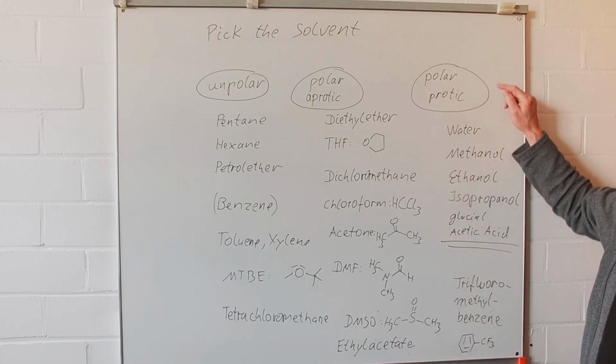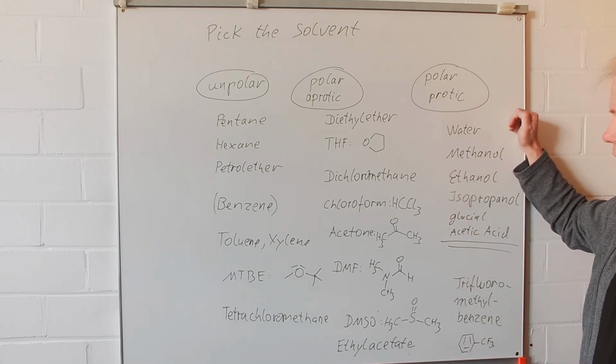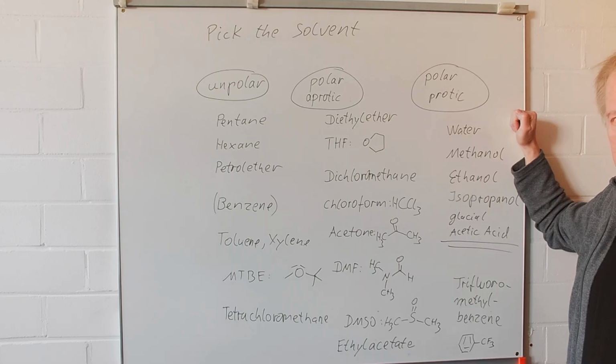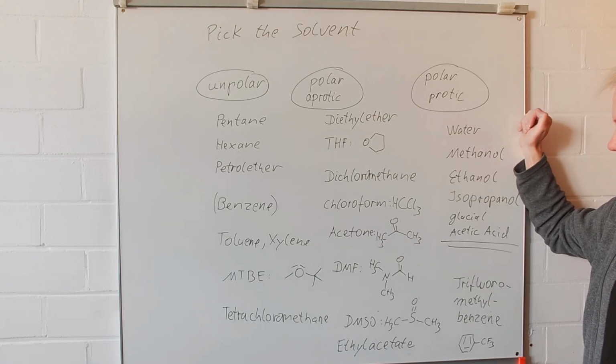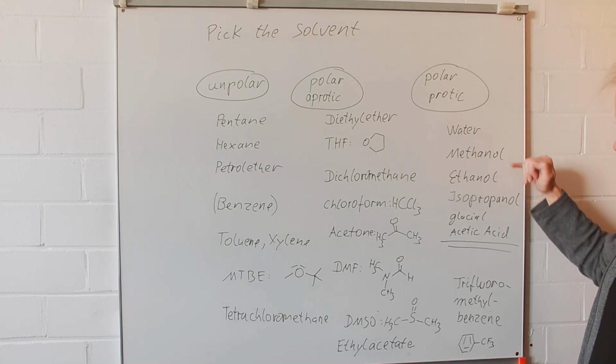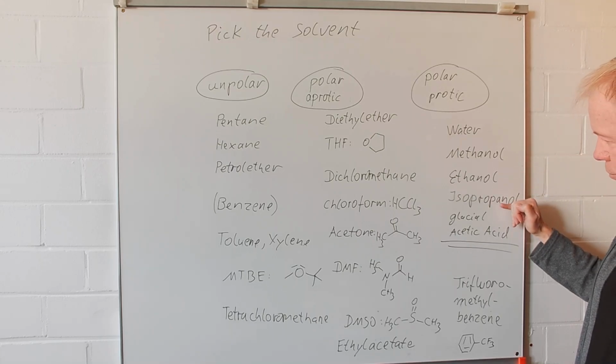Let's have a look at polar protic solvents. Well, water is such a solvent, and if your reaction is fine with water, well, why not using water as the solvent? Well, then we have methanol, we have ethanol, isopropanol.